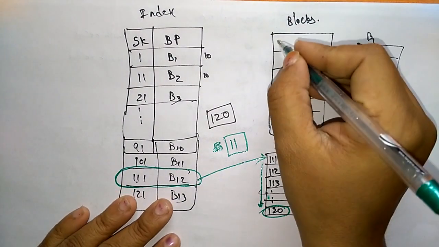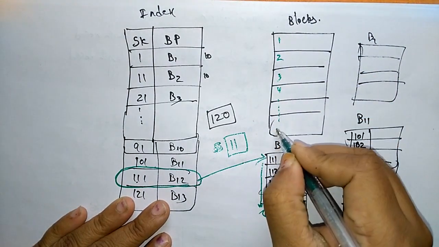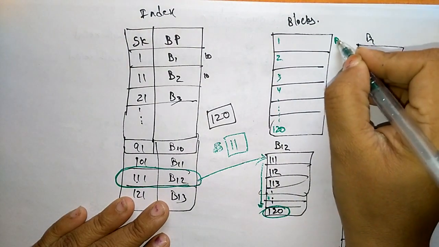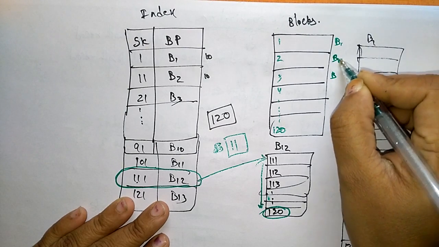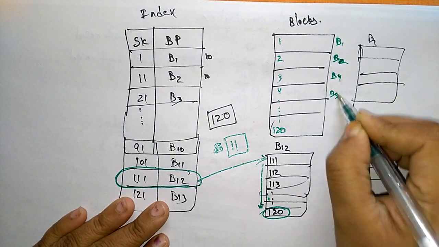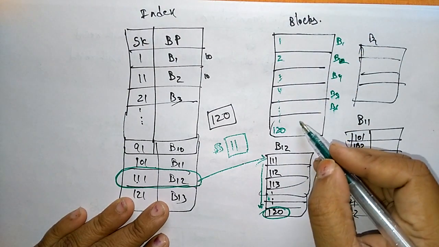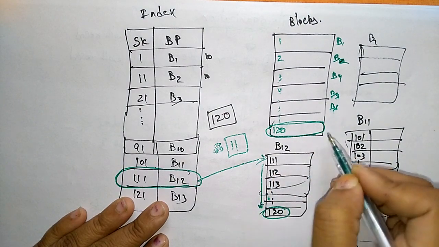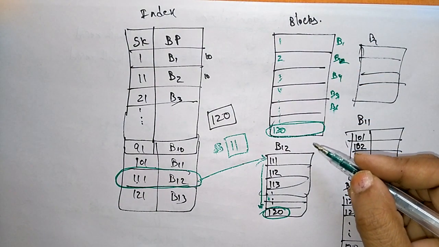Instead of searching each and every record 1, 2, 3, 4 up to the search value 120, this is block 1 and block 2, like that, block 4, block 5, block 6. You search each and every item in the block until you reach 120. So 120 means it has to search all the records in each and every block.